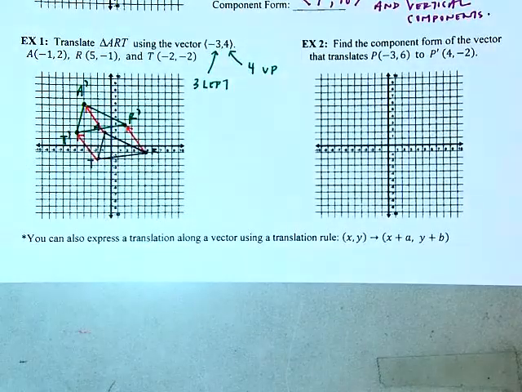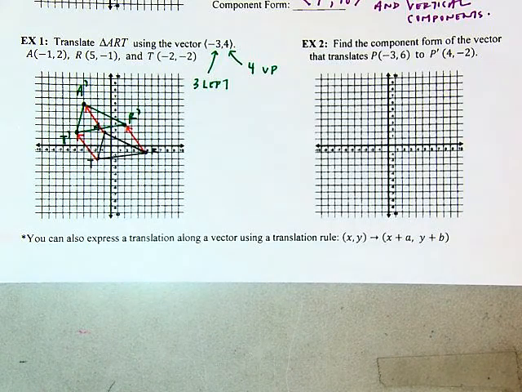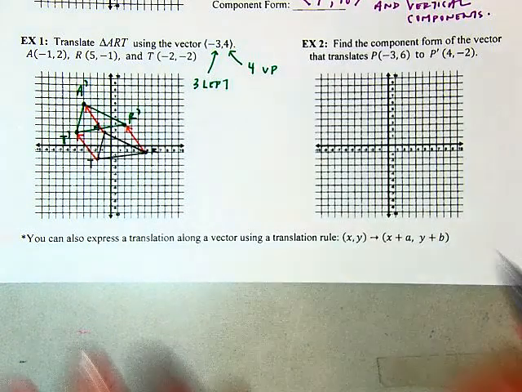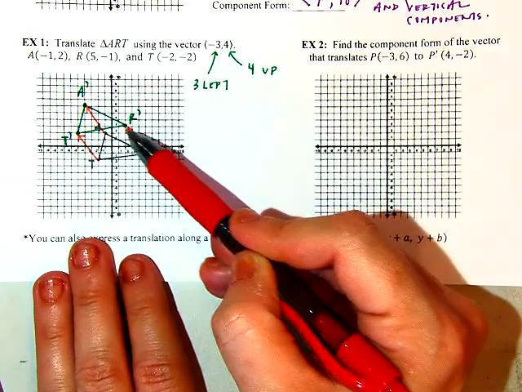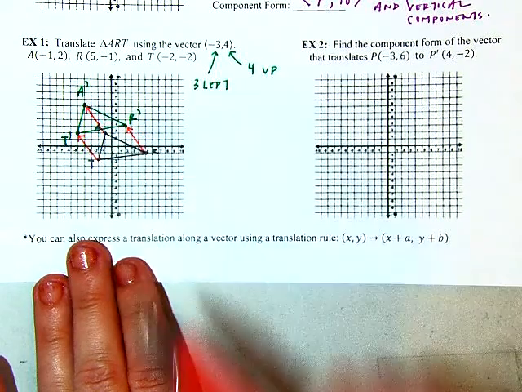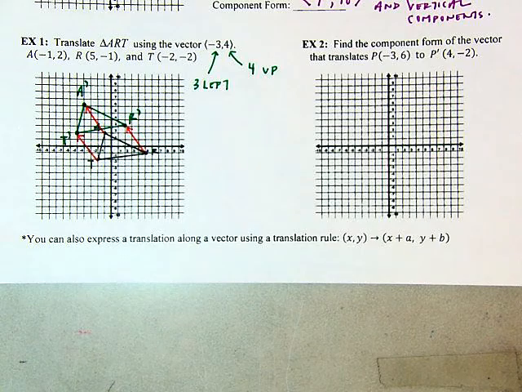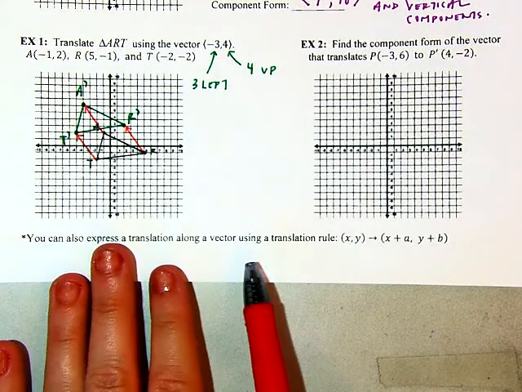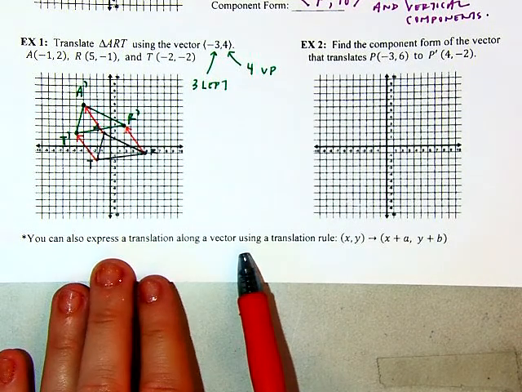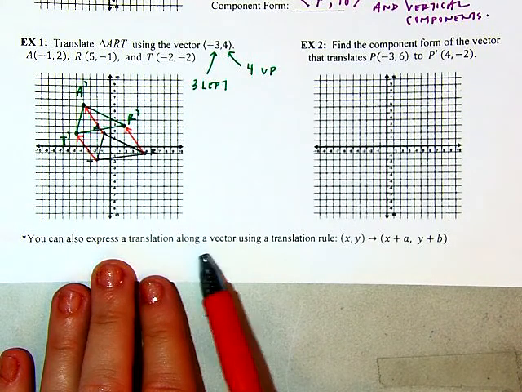So I've just drawn in those arrows that connect the pre-image to the image points. And again, you should be seeing that these are running parallel. Those pathways are running parallel to each other. So whenever we're doing a translation, remember that our points move the same distance in the same direction along parallel pathways.